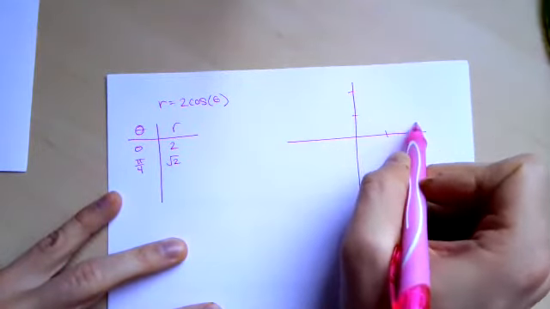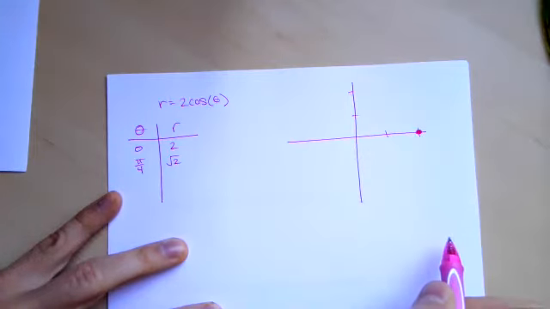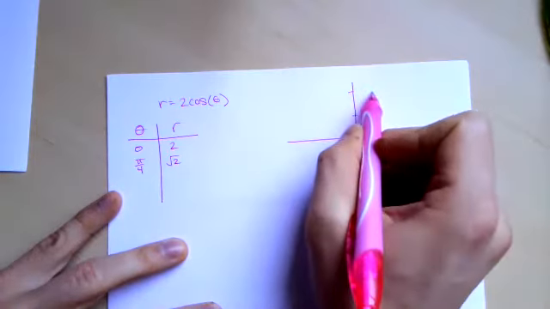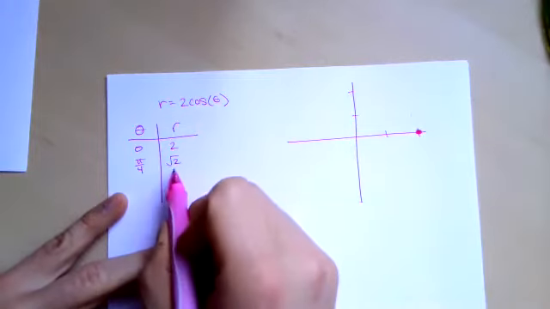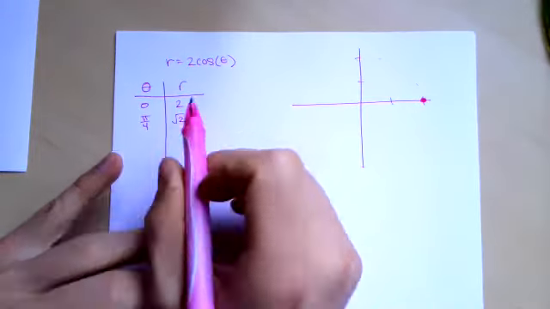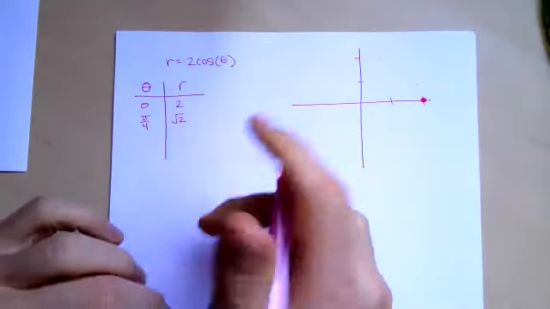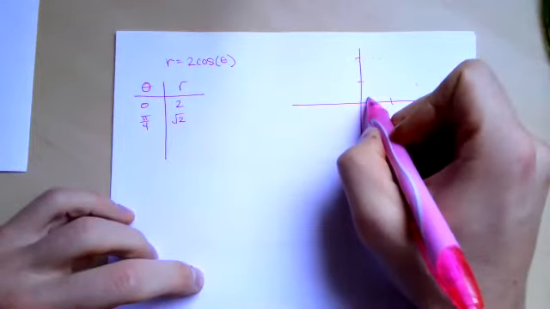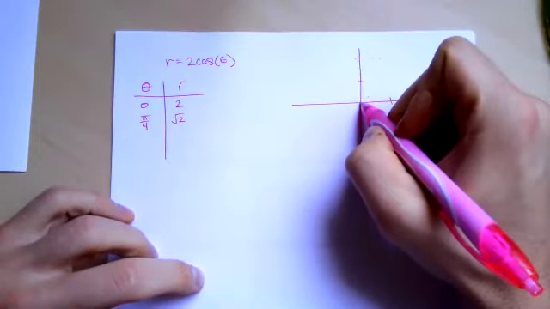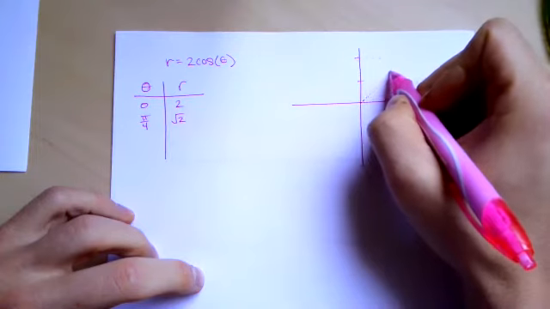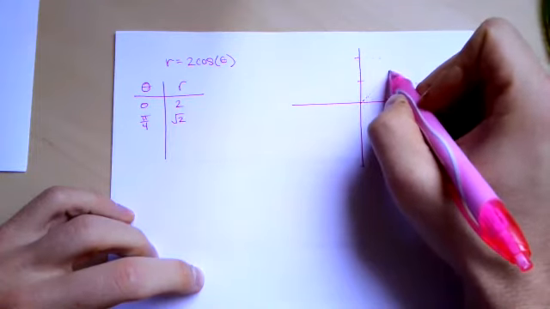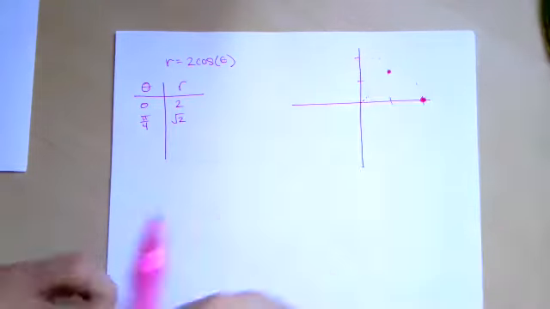Draw some dots just to help graph this. If this is my circle of radius 2, how big is square root of 2? It's about 1.5. So now I'm at a 45-degree angle, and I go out about 1.5. So maybe about there.